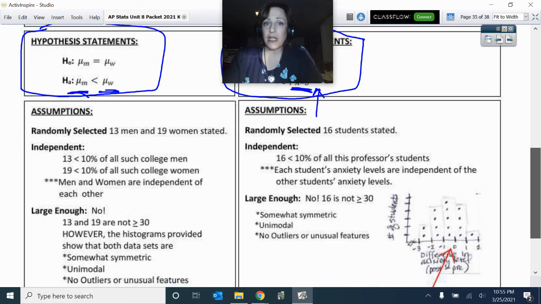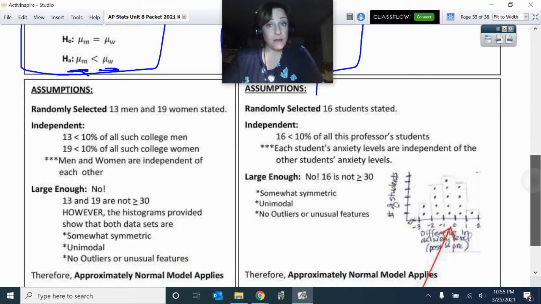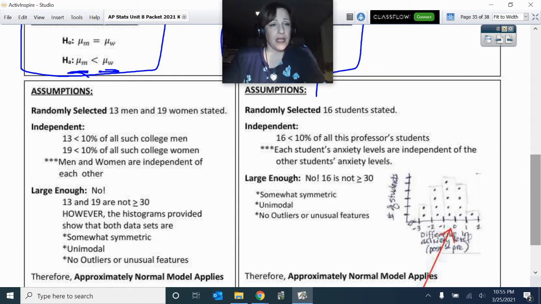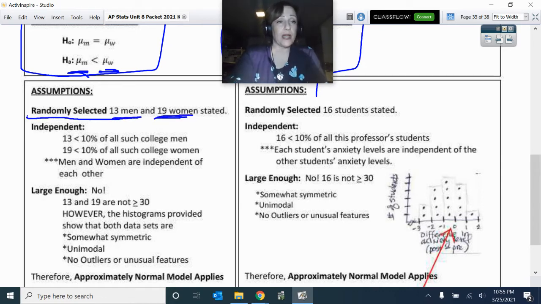Okay. So let's look at how we do the assumptions. Here it was stated that 13 men and 19 women were randomly selected.